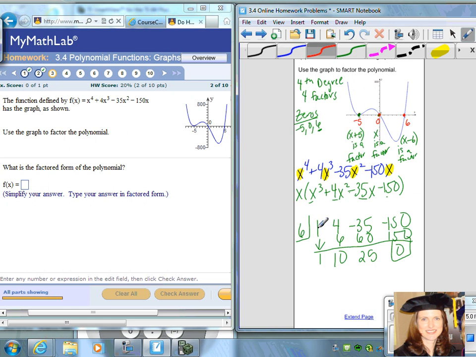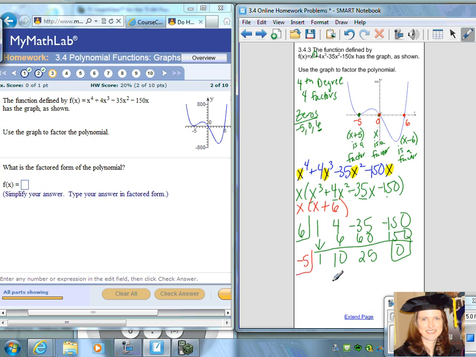That means x plus 6 is a factor. So x is a factor, x plus 6 is a factor. Now we can factor what's left here. We also know that -5 is a zero. So we're going to continue the synthetic division with -5. And you see how we get another remainder of 0? So since negative 5 is a 0, x plus 5 is a factor.